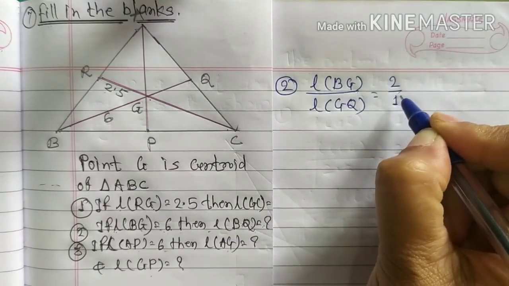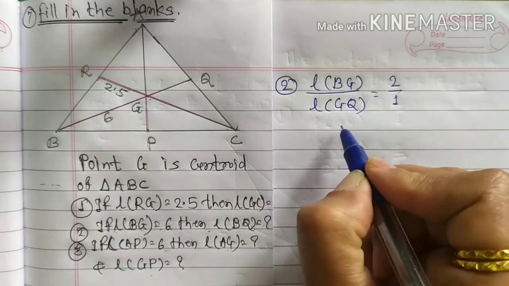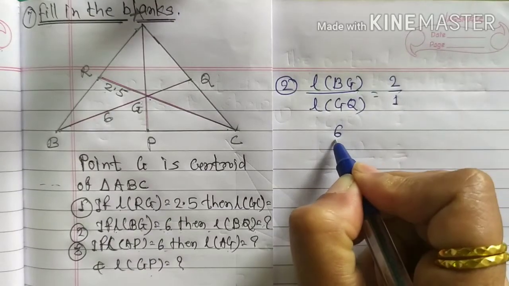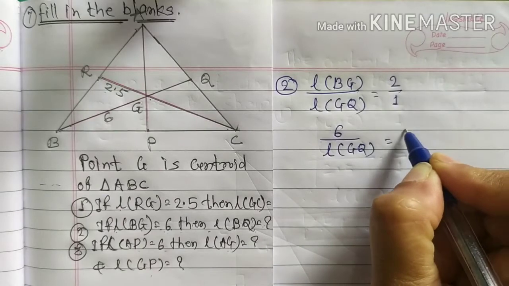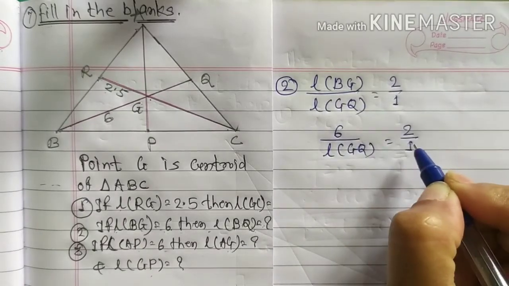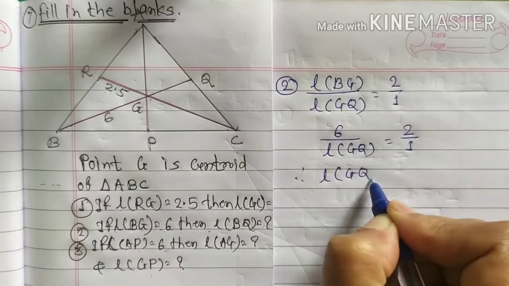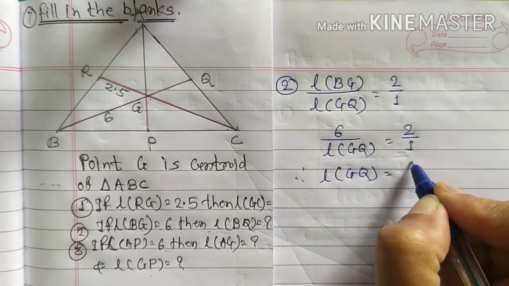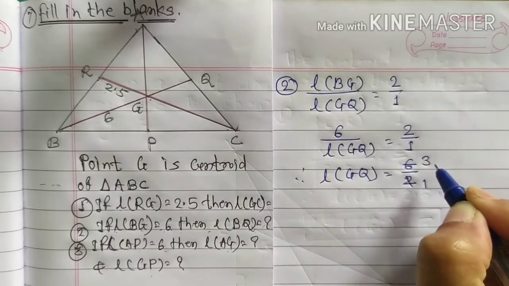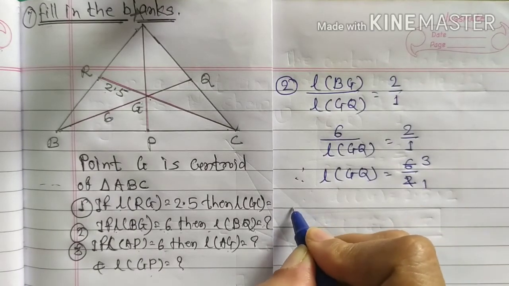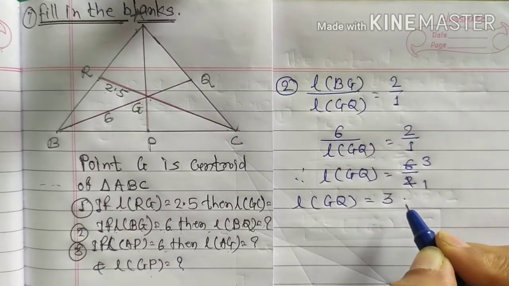This is the property. Then given length BG is 6, so 6 divided by length GQ is equal to 2 divided by 1. Hence, length GQ is equal to 6 upon 2, and length GQ is equal to 3.